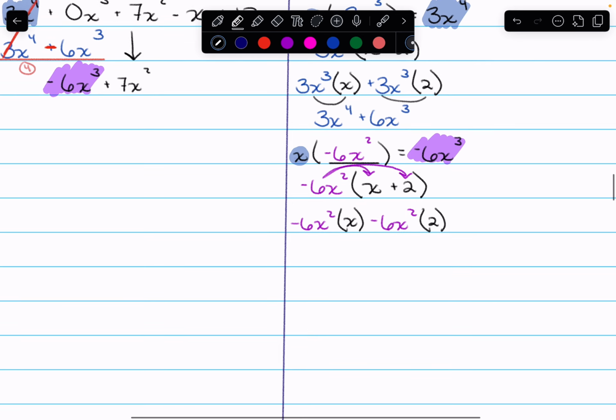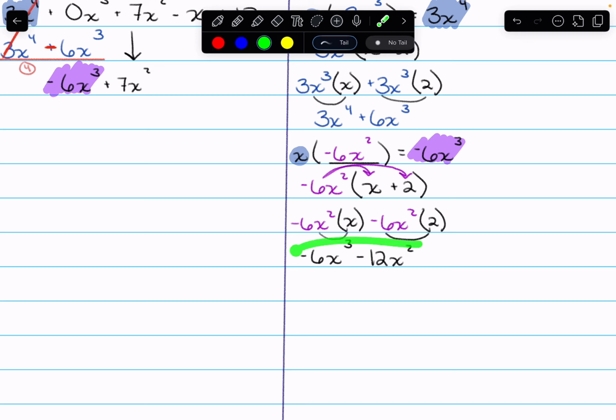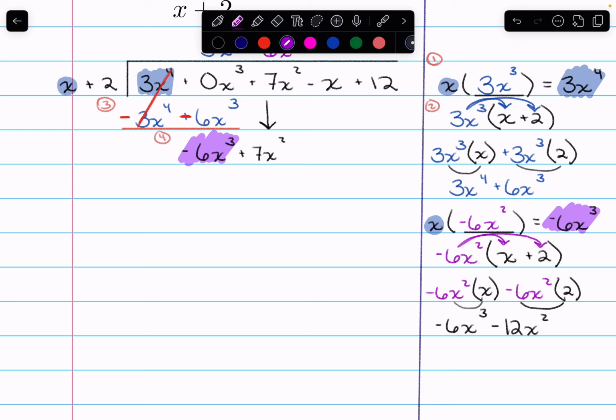Keep cleaning up. So I can multiply the x squared times the x. So I would get negative 6x cubed. And then I can multiply the negative 6 times the 2, and I get negative 12x squared. This is my answer to step 2, and that's going to go underneath my dividend now. So I am going to do negative 6x cubed minus 12x squared.